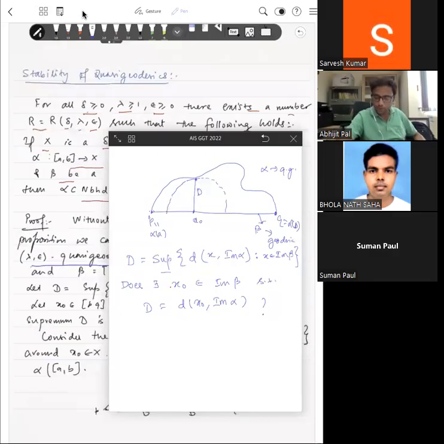I have two continuous paths, right? Beta and alpha are continuous. These are my two continuous paths, and this is compact, right? So you have to use a compactness argument to show that this x naught indeed exists. So this is true.